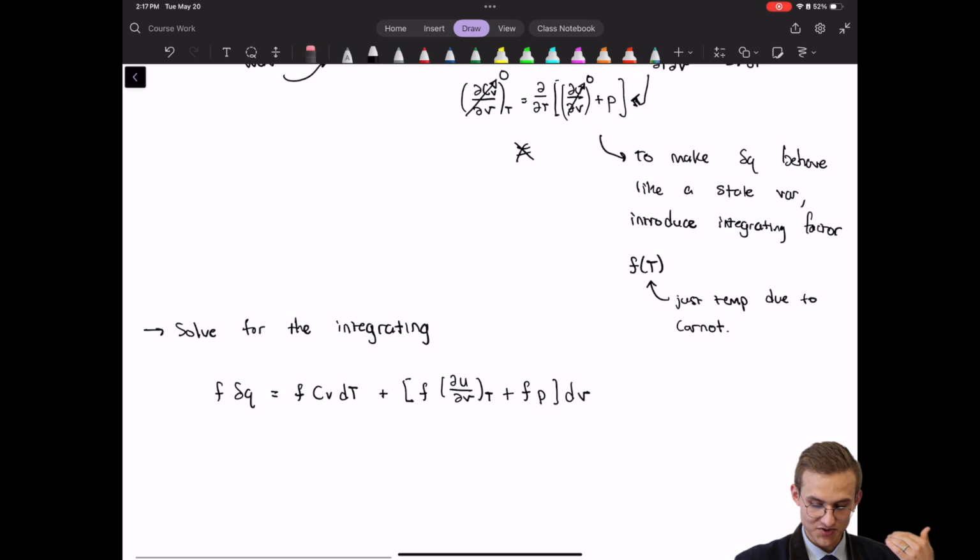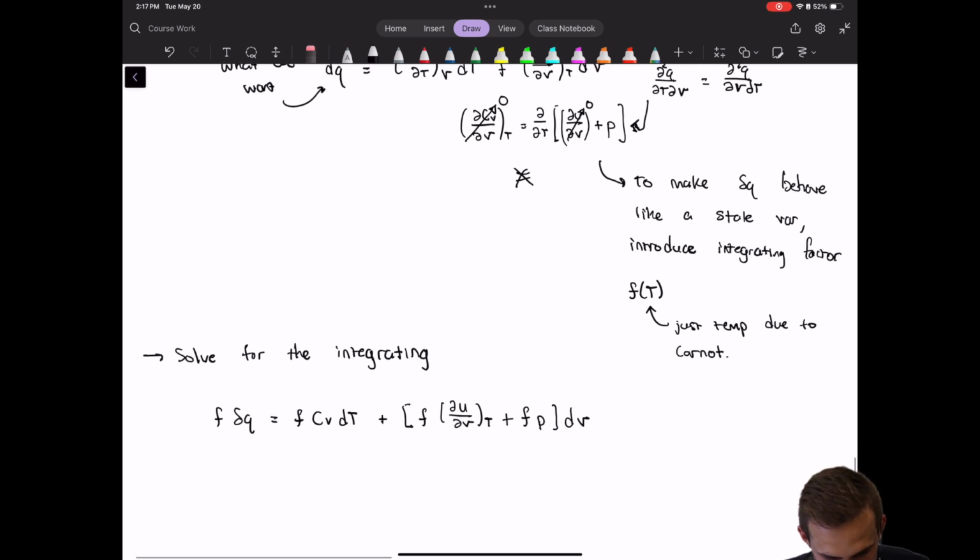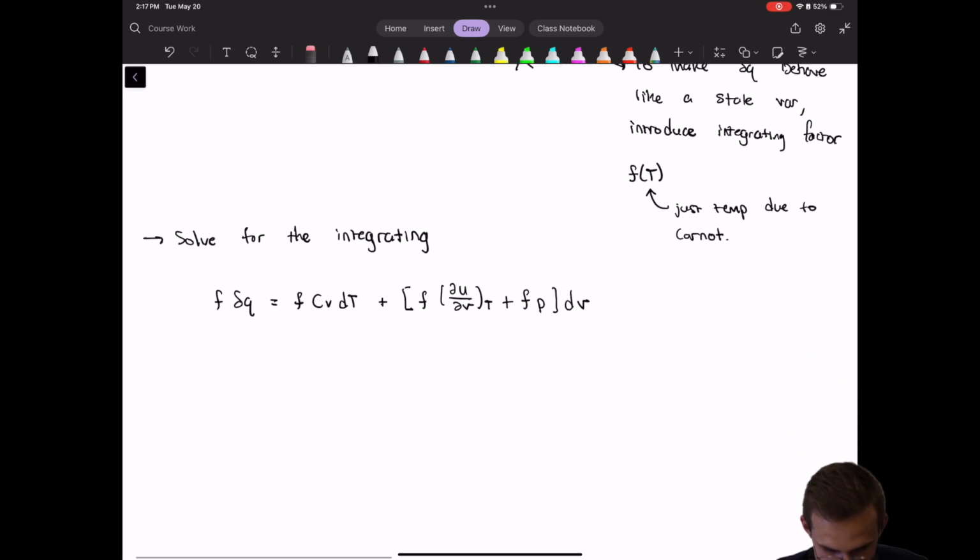Okay, so now he multiplied the integrating factor, and now let's do that procedure again, where we take the partial derivatives with respect to the other variables, V and T, to check for equality of mixed partials. But now we've introduced this integrating factor to allow us the leeway to make this into an integrable total differential. Okay, so let's go ahead and do that.